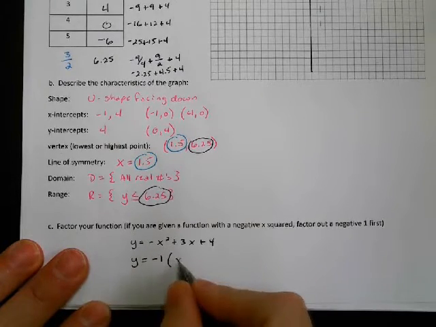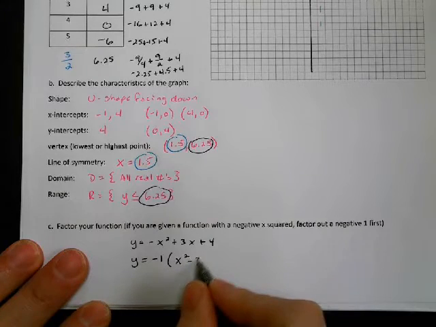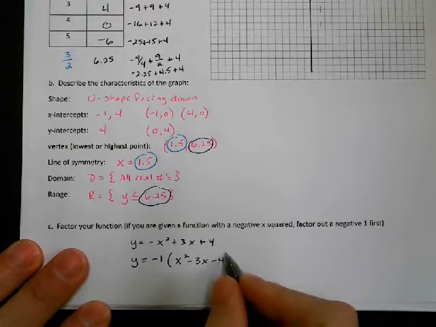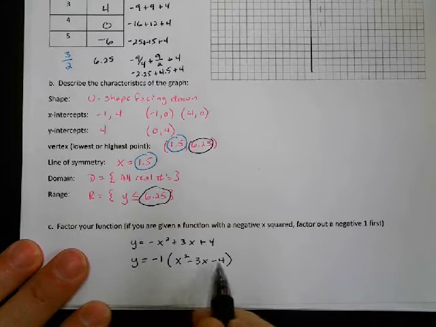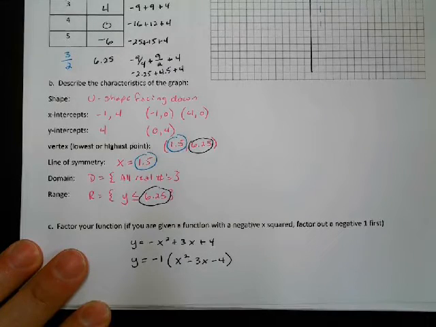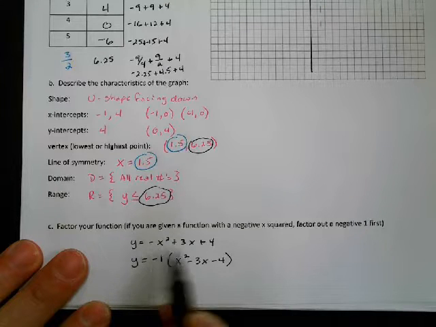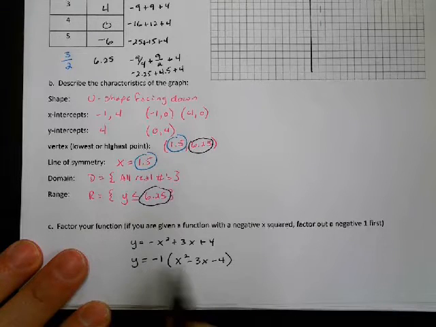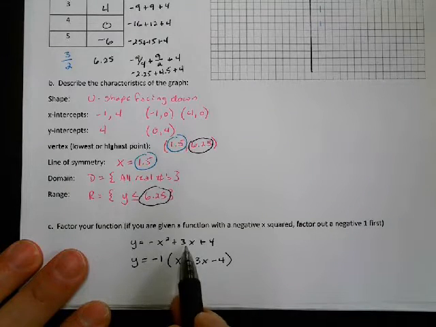Why negative 3x and -4? Because if I multiply this back out, I should get what I started with. So really what I'm doing is I'm dividing all of these by -1, and this is what I'm getting as a result. Because -1 times x squared is negative x squared, -1 times negative 3x is positive 3x, -1 times -4 is positive 4. So now I'm going to go ahead and factor this.